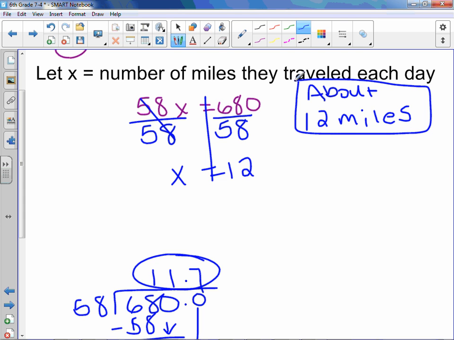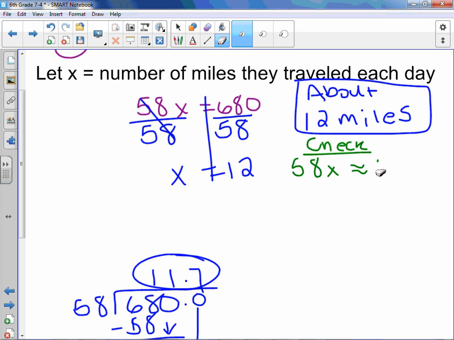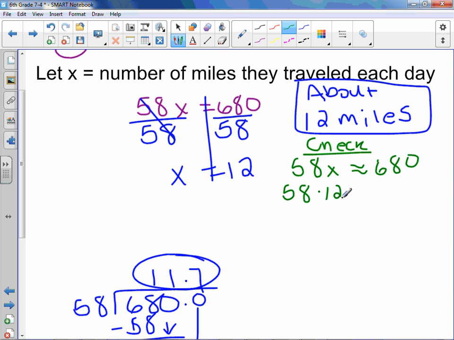Okay, and let's do a check to make sure we are good to go here. And remember, we rounded, so as long as we are close to 680, we're okay. So 58, this is our check. 58 times 12, I'm going to use this symbol here, which means about 680. 58 times 12 is about 680.